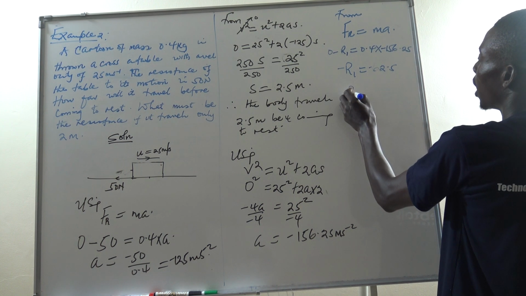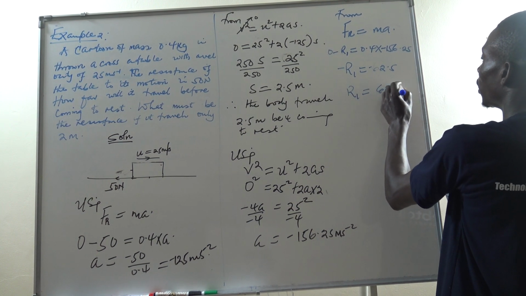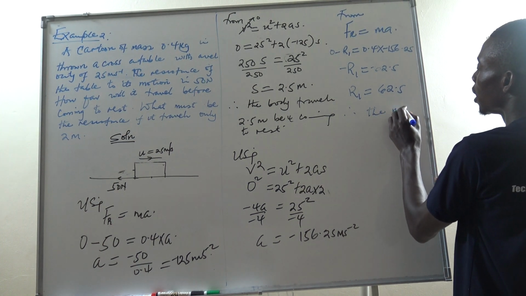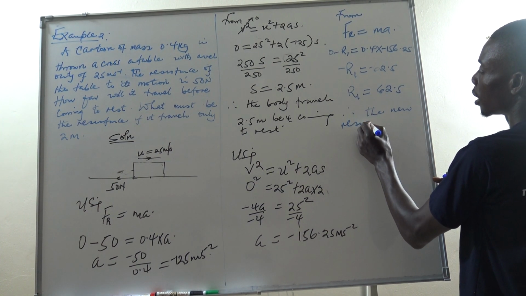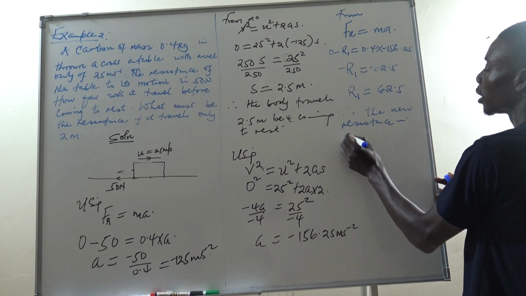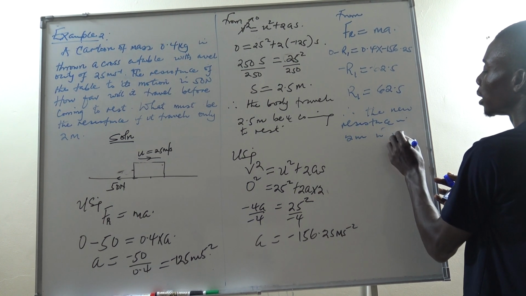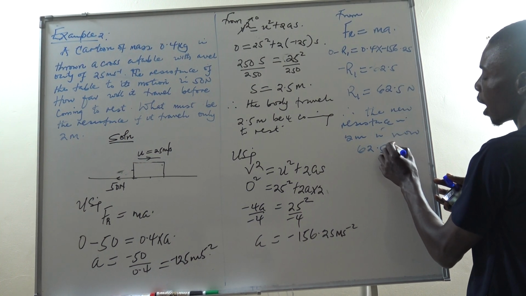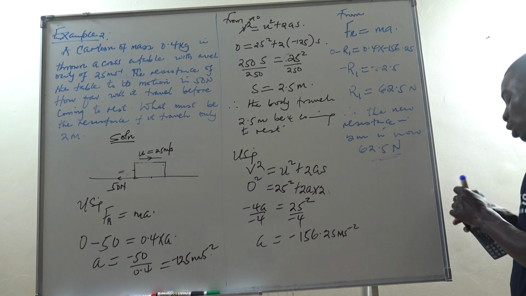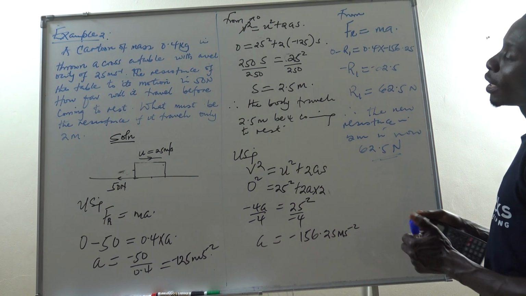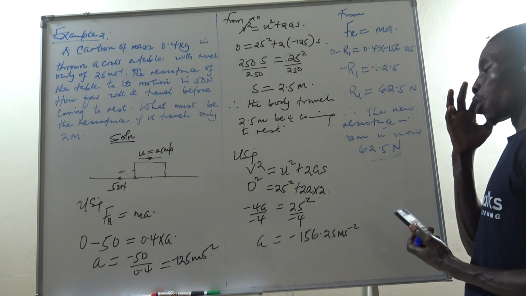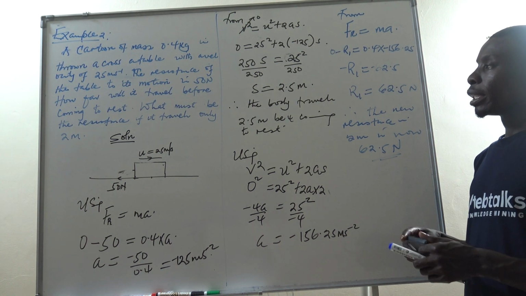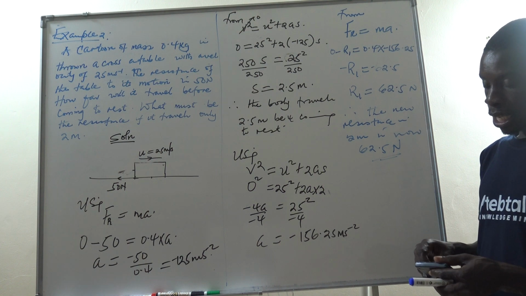So that means R1 equals 62.5. And then we say, therefore, the new resistance in 2 meters is now 62.5 newton. So this would basically be our resistance to the motion for a distance of 2 meters. So let's meet in the next example.